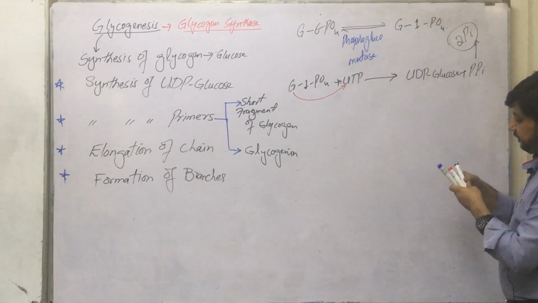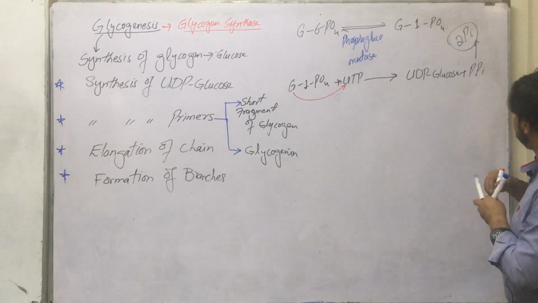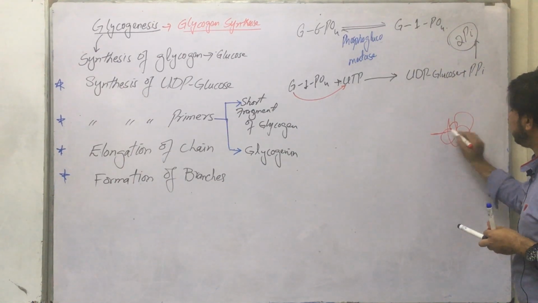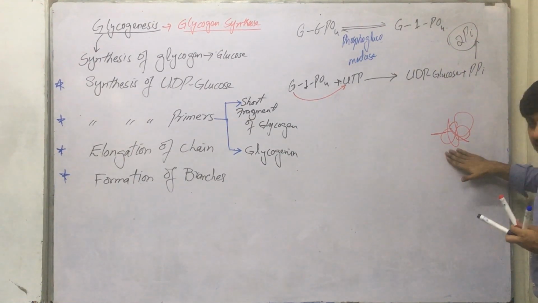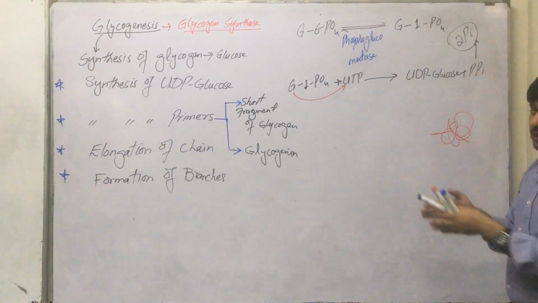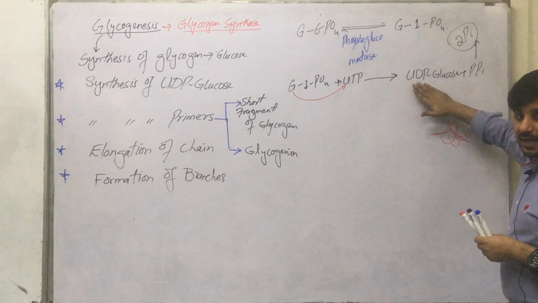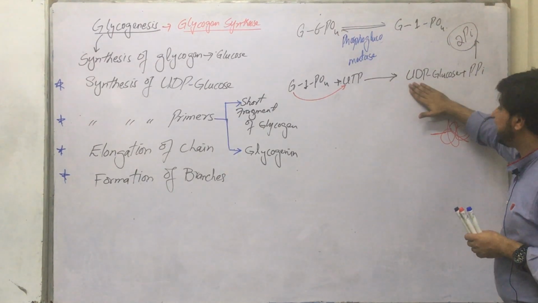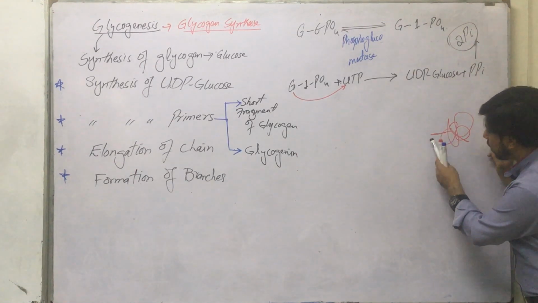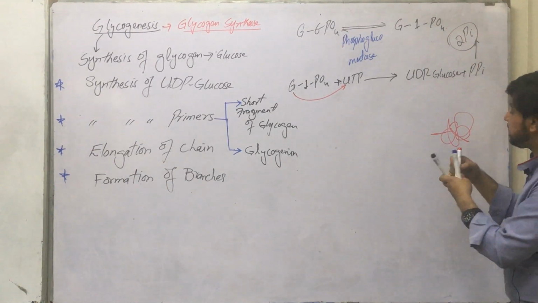as a result of this, for example, here is a glycogen molecule. At the lysine residue, the UDP glucose, this carrier or transporter UDP, will give off the glucose to the hydroxyl group of this lysine residue.